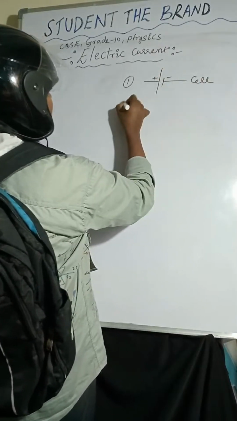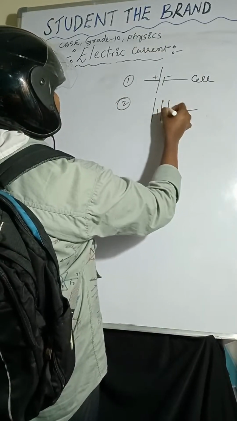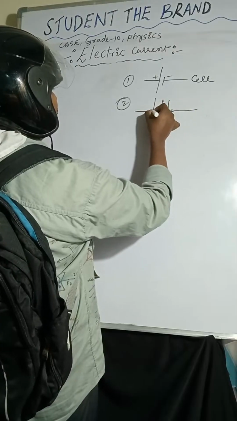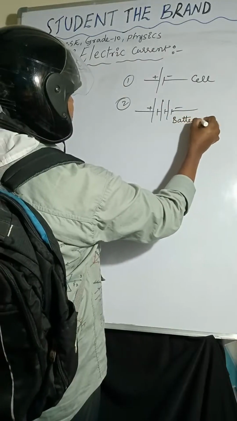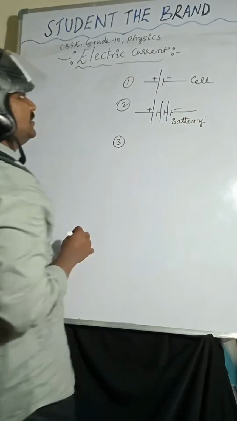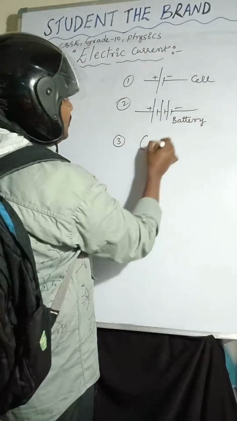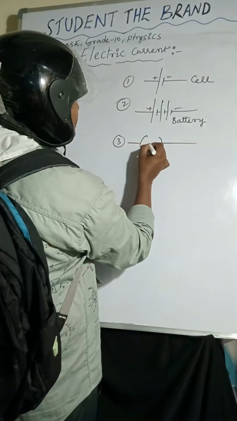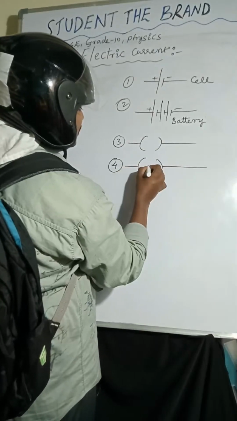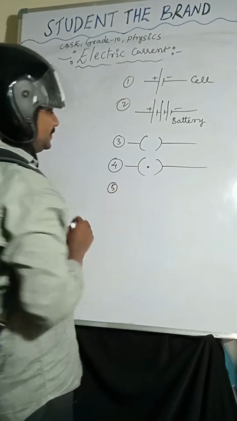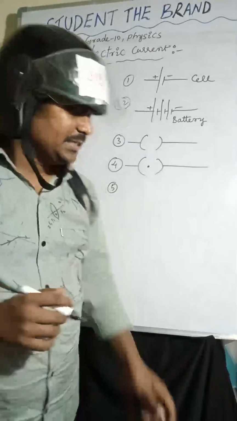Second one is battery, with positive terminal and negative terminal. The third one is cell and battery. Next one, open switch. Fourth one is closed switch. And fifth one, open switch and closed switch.